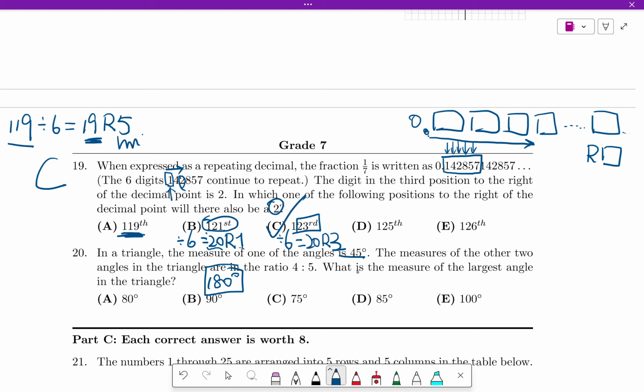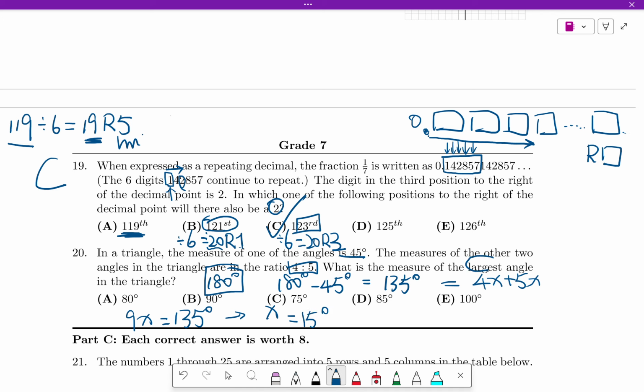If one of the angles is 45, the other 2 would sum up to 180 degrees minus 45 degrees, which is 135 degrees. Those 2 angles are in the ratio 4 to 5, so we can set them as 4x and 5x. These 2 angles sum up to 135, which means 9x is equal to 135, and x is 135 divided by 9, which is 15.